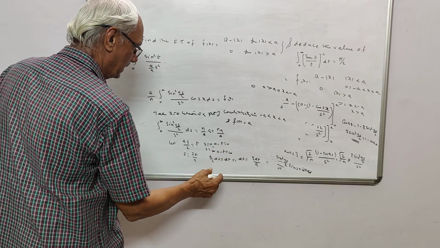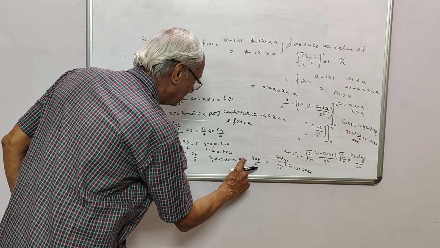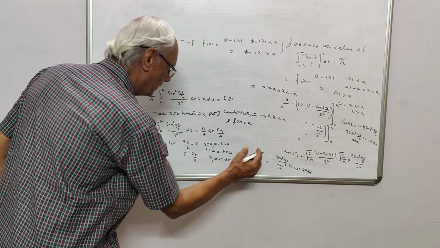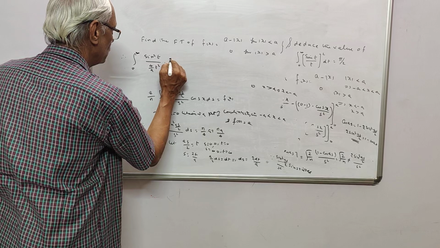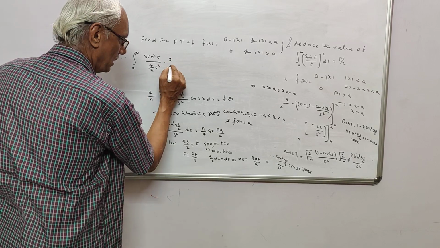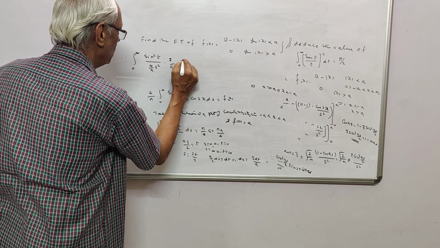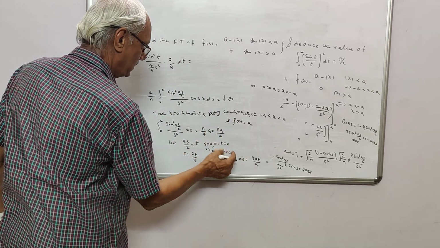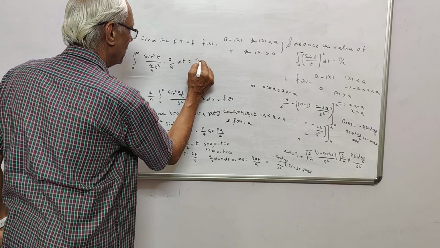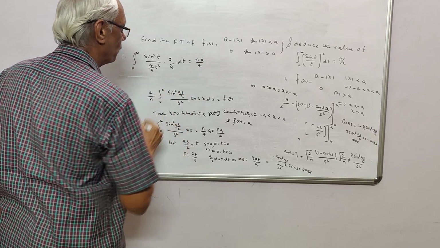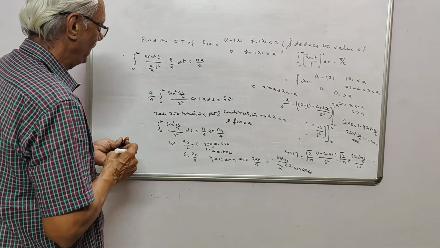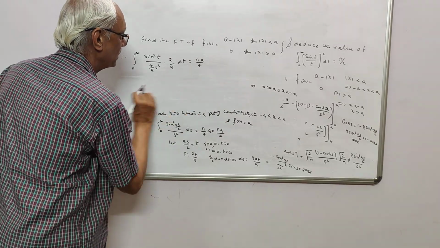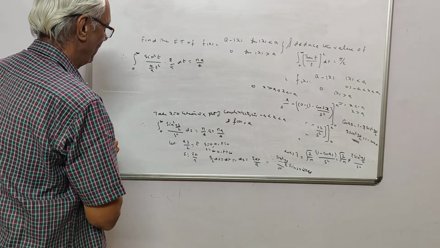See, here your ds is 2 by a into dt, is equal to, see here I got here pi a by 4. So this is what we have. So I'll write here. So this is what you will have here.